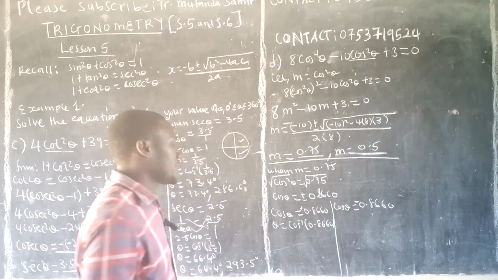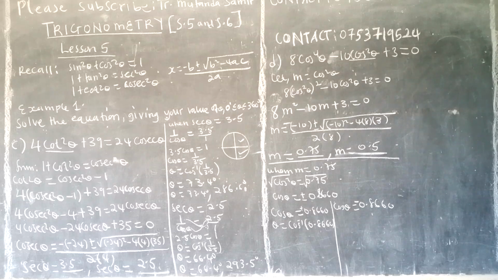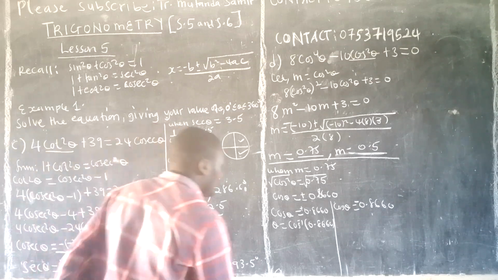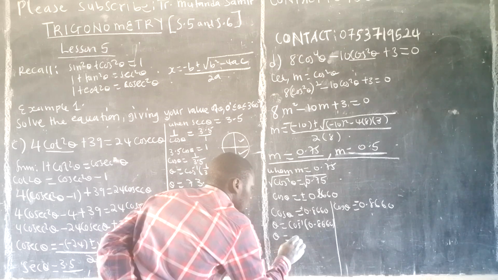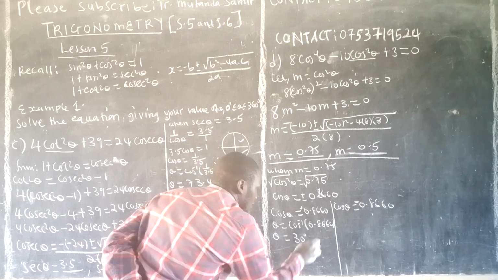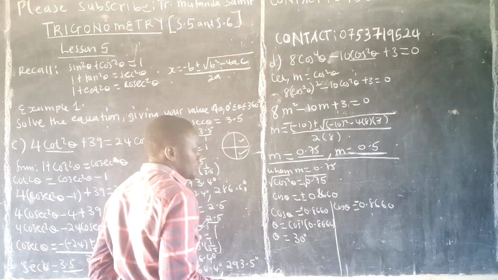Let's see how we can get that answer. It will be 30. So therefore, theta is equal to 30 degrees.